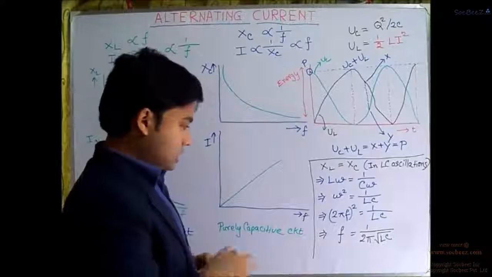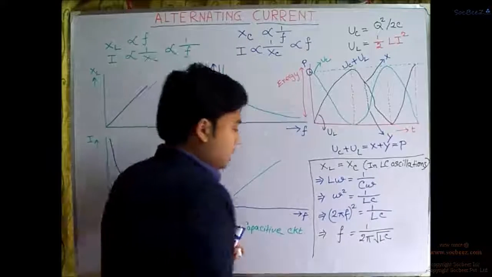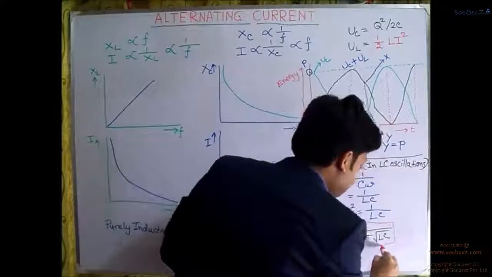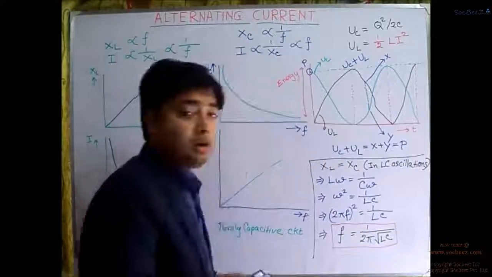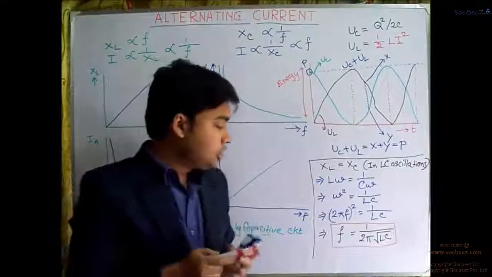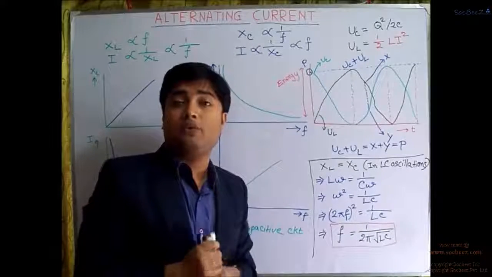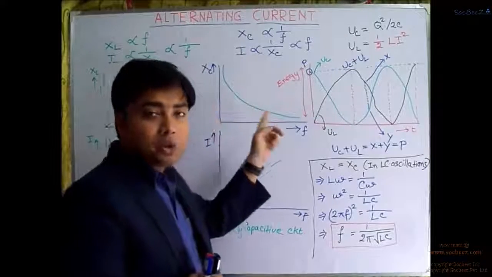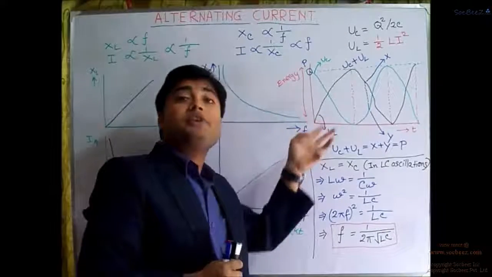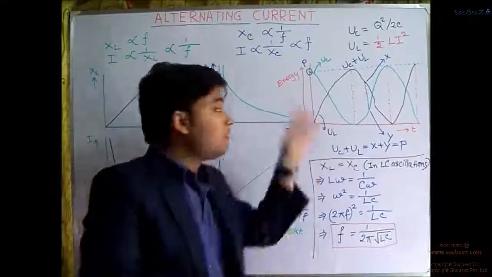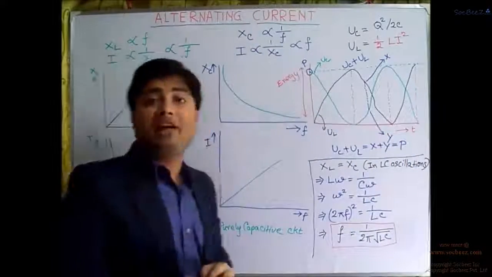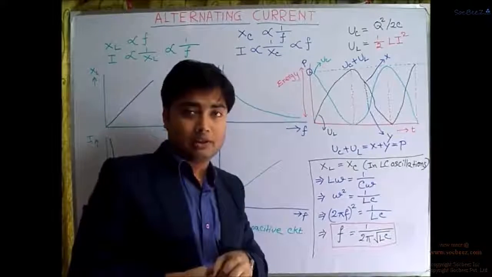Now this frequency is actually the frequency of the LC oscillation. Remember, in the lecture on LC oscillation, it was mentioned that after case 1, case 2 happens, then figure 3, figure 4, but after figure 8, figure 9 will look the same as figure 1, as we have discussed over there.